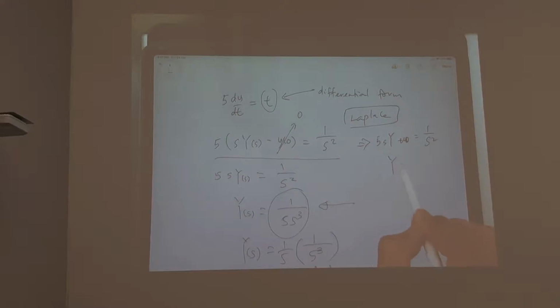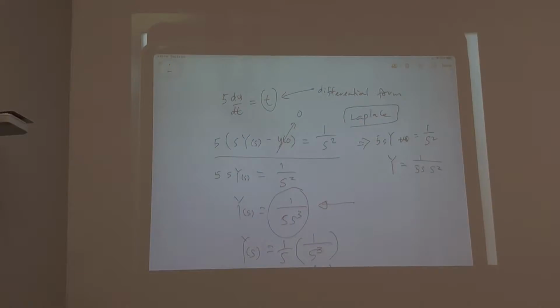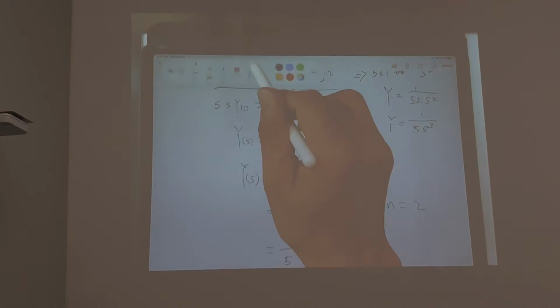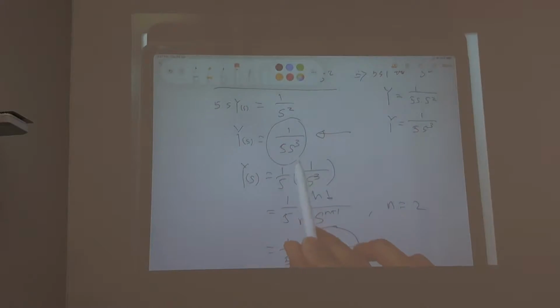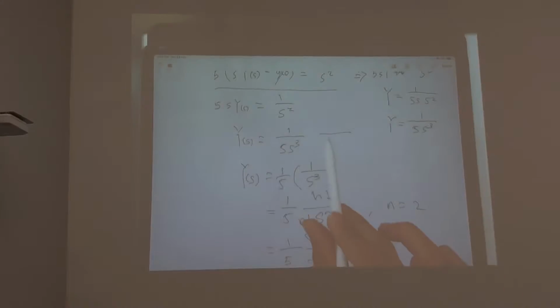So Y becomes 1 over, this one I bring it down, 5s times s power 2. And this is equal to Y equals 1 over 5s power 3. So 1 over 5s power 3 is already the rearranged algebraic equation.